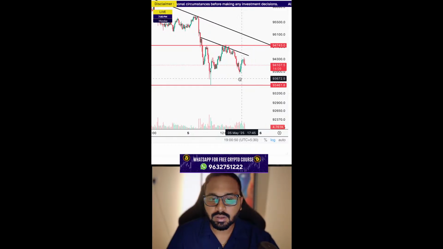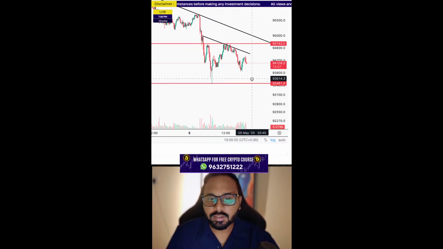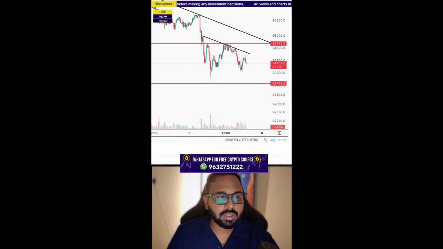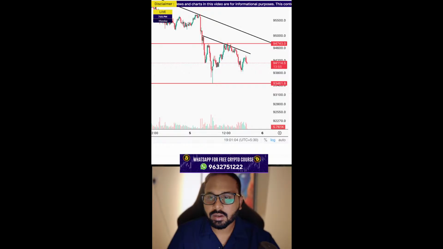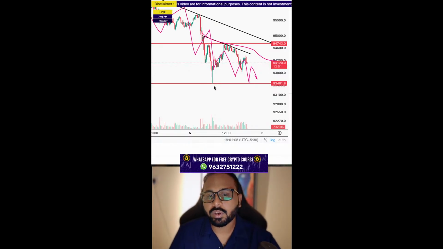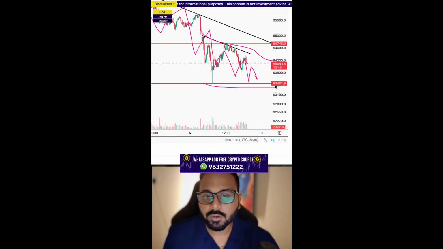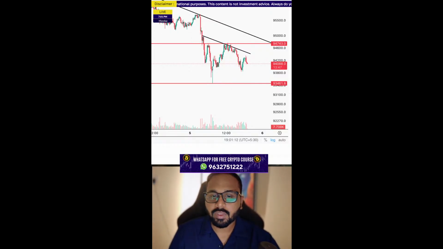Okay, so recently what we can see is market has moved towards the upside. From swing low to swing high, if I draw the Fibonacci level, it has respected 618. But what is the sentiment of the market? Market is forming lower highs and lower lows, and it is moving towards the downside, right? So the trend is kind of bearish.